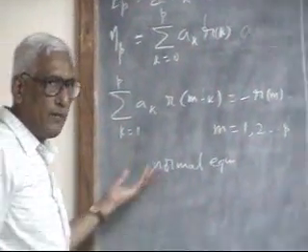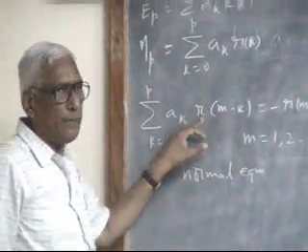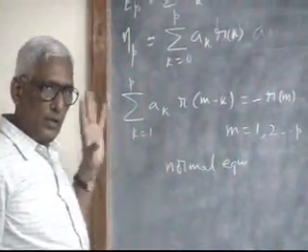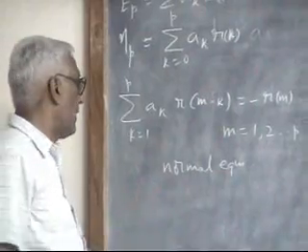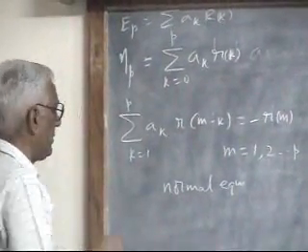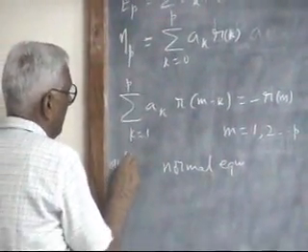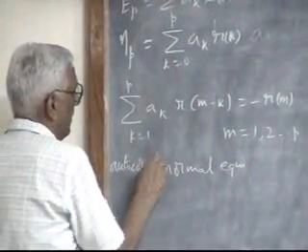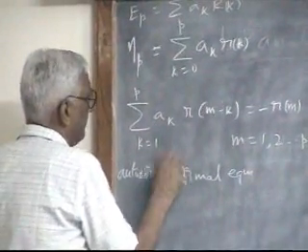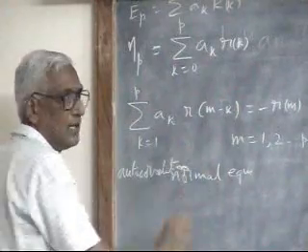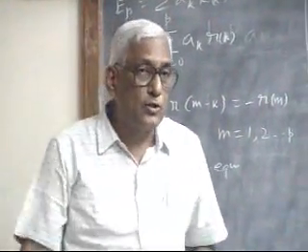Notice that both are normal equations, whether you use capital R or small r. Since these are autocorrelation coefficients, these are called the autocorrelation normal equations.